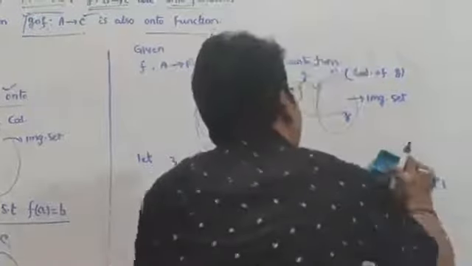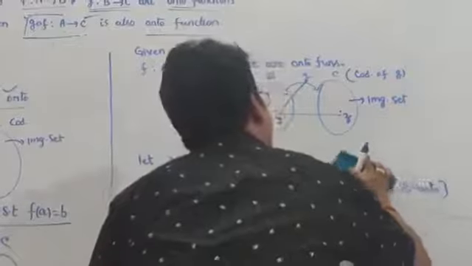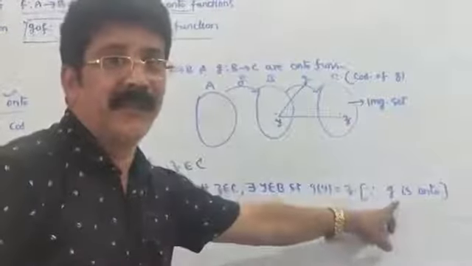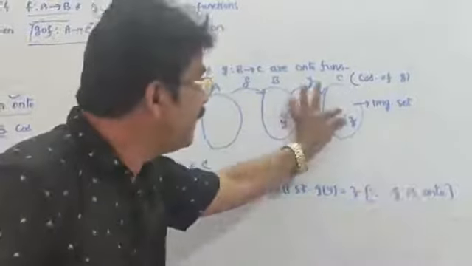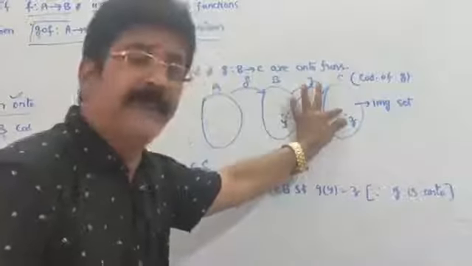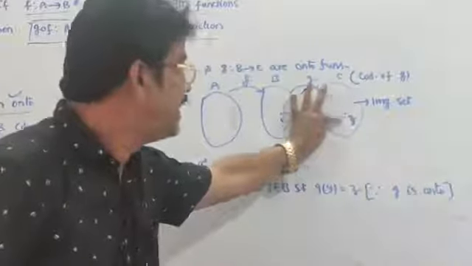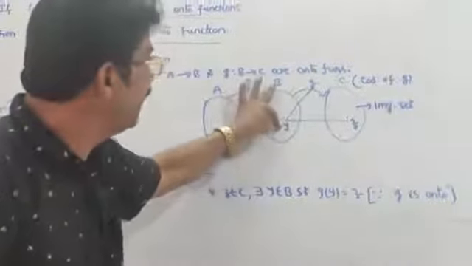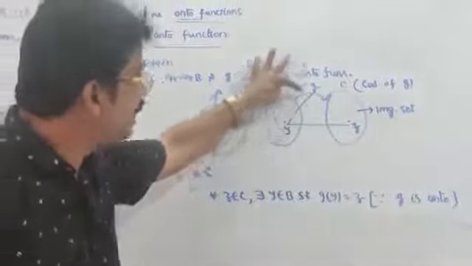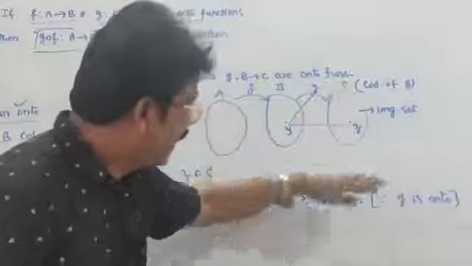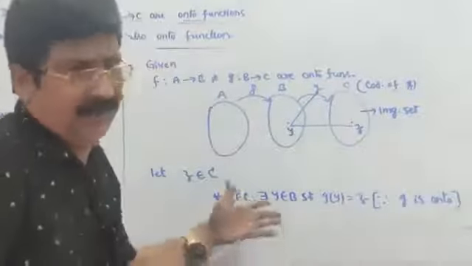It is already given. If we assume one element in capital C, definitely for this image, at least one pre-image will be in capital B, so that g of y equals z. I wrote the definition, that's all.